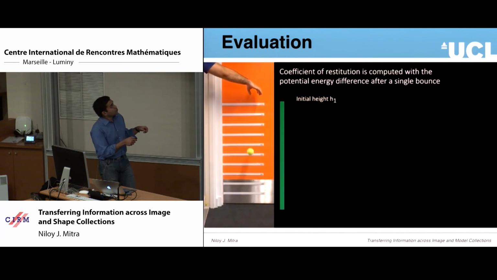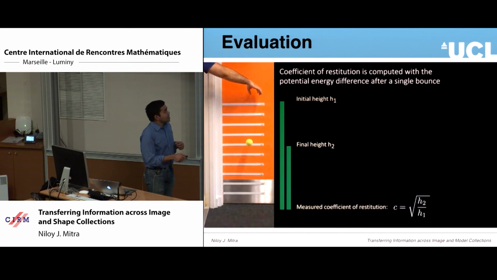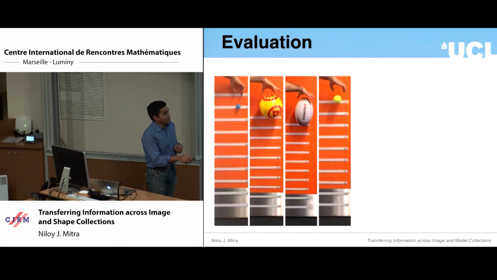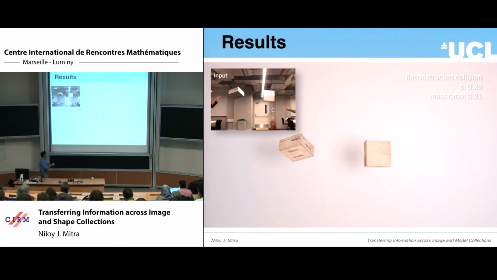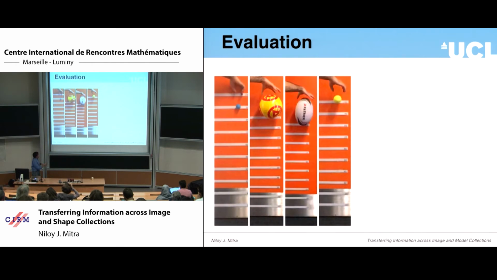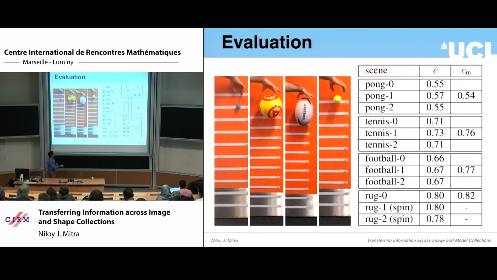And the reason we want to drop these balls is if there is no spin on the object, then the coefficient has a very simple formula to account for. So based on the drop height, you can estimate this. And we did this verification, and you can see that the coefficient of restitution we observed is quite consistent, even when the object is spinning, where the formula fades.